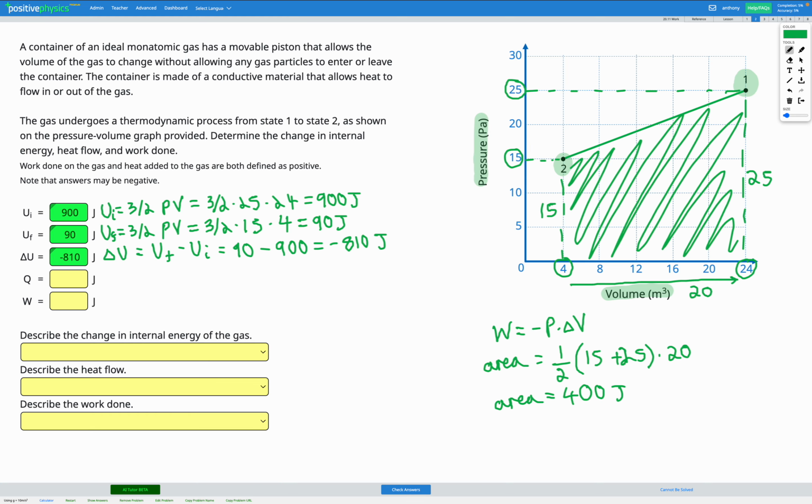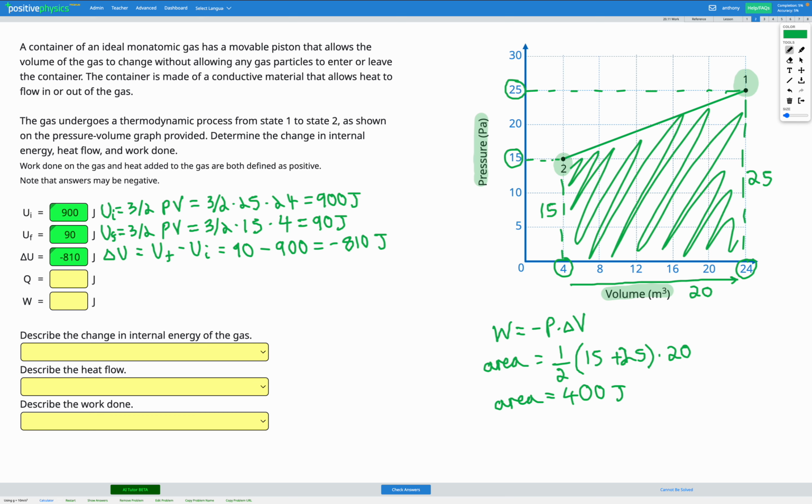Now I need to think about the sign. Now remember, when the volume increases, that means we have negative work. When the volume decreases, we have positive work. In this situation, our volume has decreased from point 1, where it was at 24 meters cubed, to point 2, where it was at 4 meters cubed.